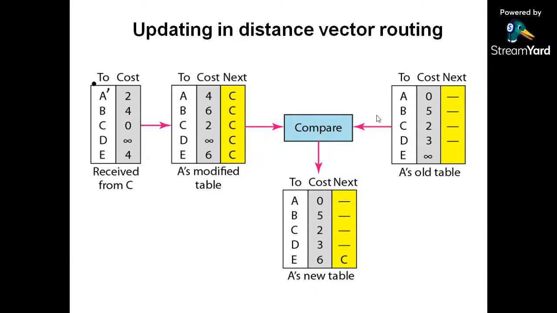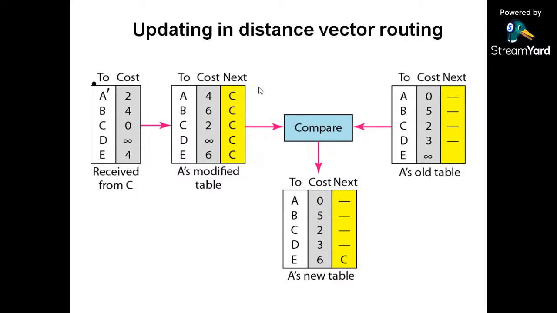Now if you consider C in both tables, both have the same value, so we consider the same value. Now infinity and 3, so we consider the smallest value, that is 3, because infinity is large. Now E, if you compare 6 and infinity, we consider the smallest value as 6 because infinity is large. So when you update the tables, the distance can change with the different cost.